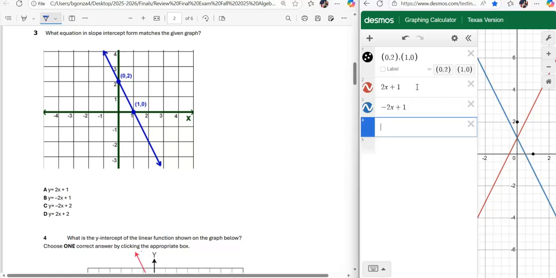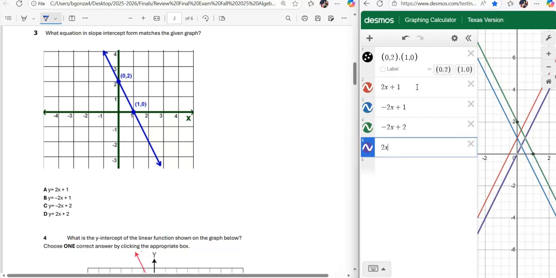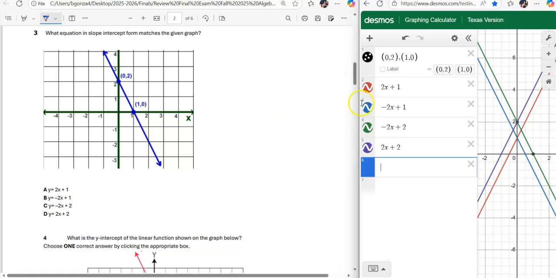That doesn't go through it. That does go through it. And then that one does not. So the green one does. The third answer choice, which is C, goes through those points. You could also, again, graph and compare to the picture above.